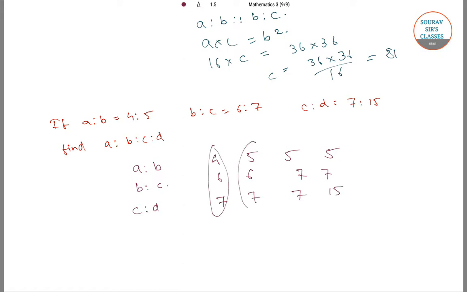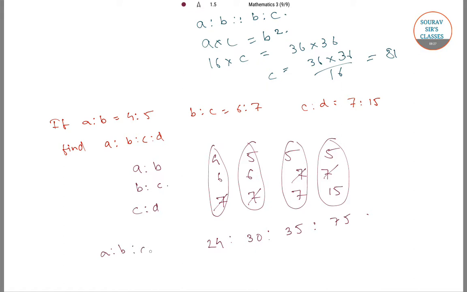So it would be like this. 7 is in all four, so cutting 7 as it is common to all four, we will get 6 into 4, 24 is to 6 5s are 30 is to 7 5s are 35 is to 5 15s are 75. So A is to B is to C is to D is equal to 24 is to 30 is to 35 is to 75.